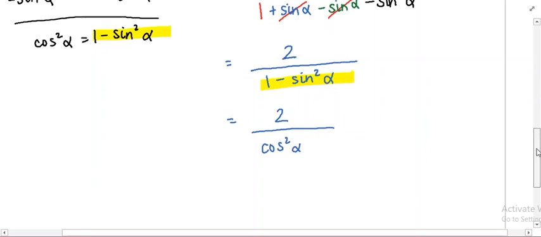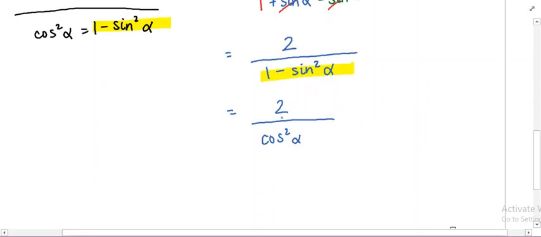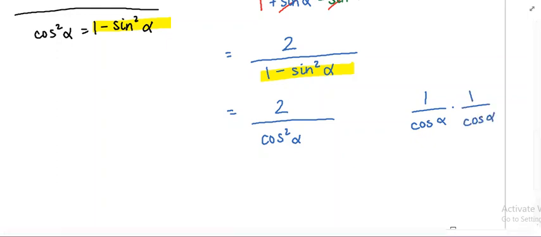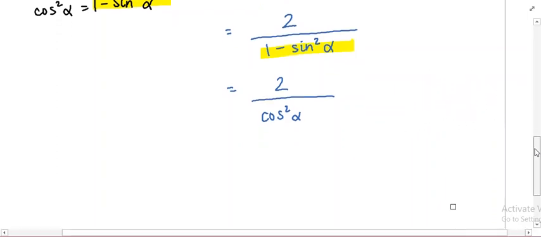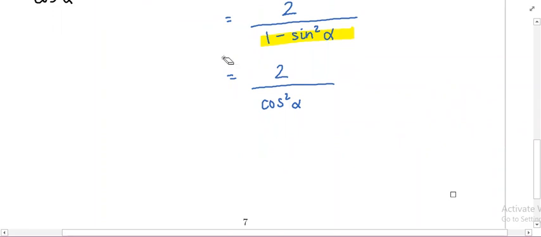And then you have 2 over cosine squared alpha. So if you basically have 1 over cosine of alpha times 1 over cosine alpha. Let's do it this way so it's clear. In this next step I'm about to do, you can omit if you want to go straight to the conclusion here.